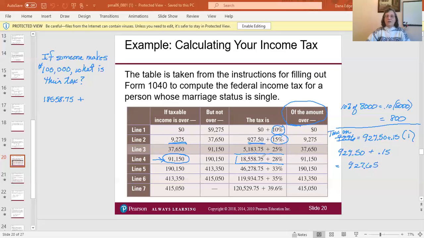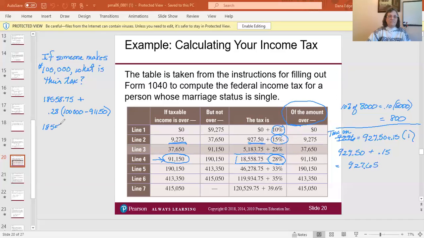Plus, they are now in the 28% bracket. So plus 0.28, 28%, times the amount over the 91,150. So you have to subtract the 91,150 from the 100,000.